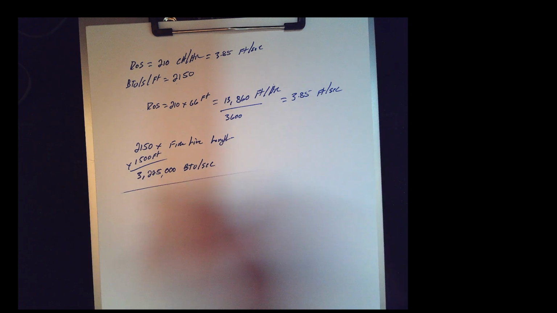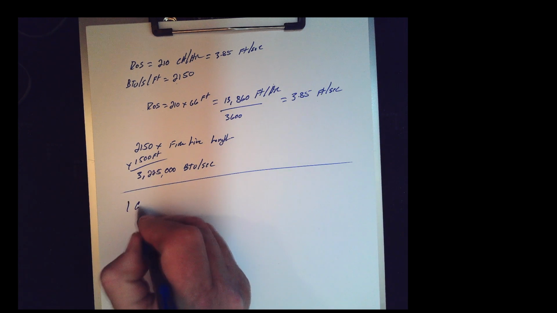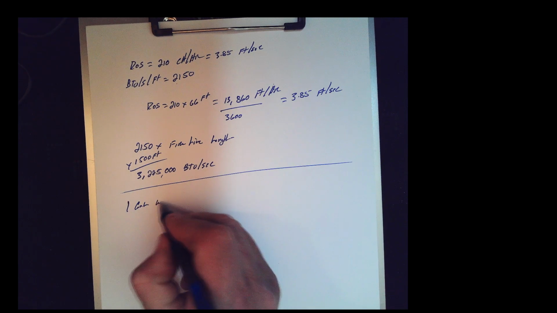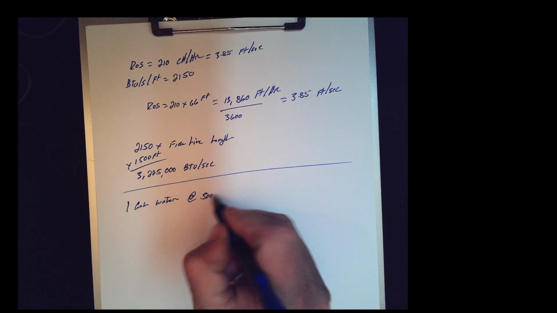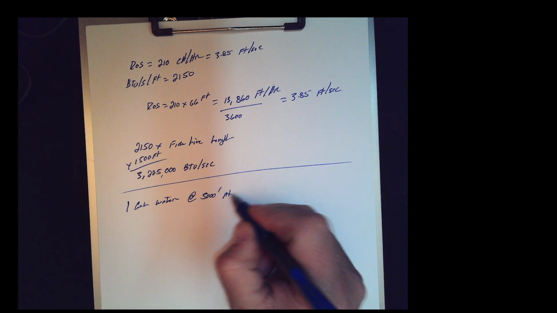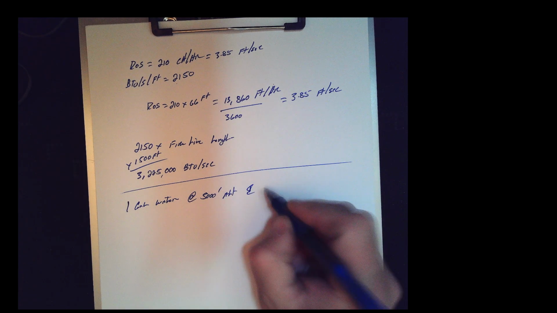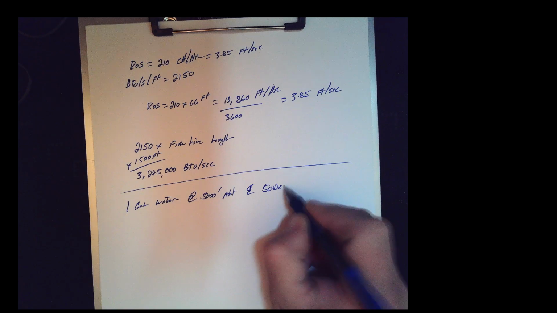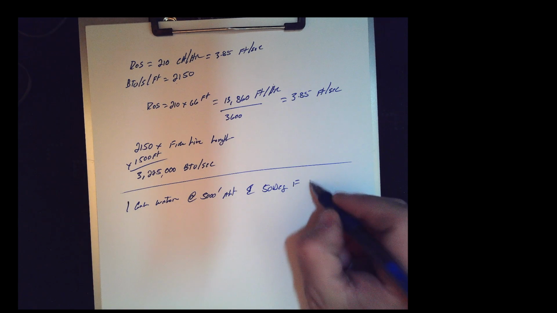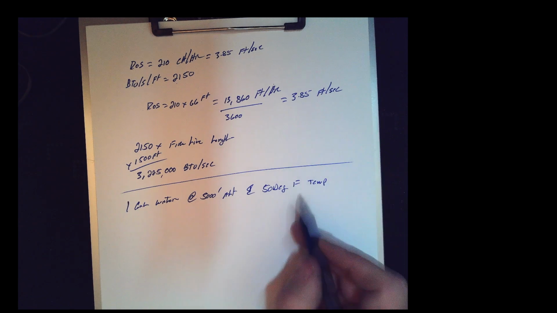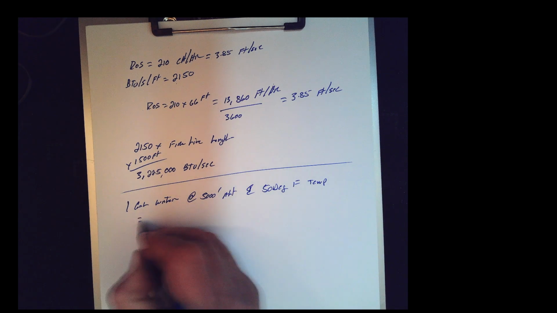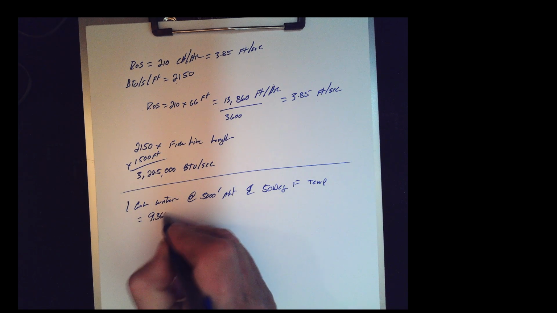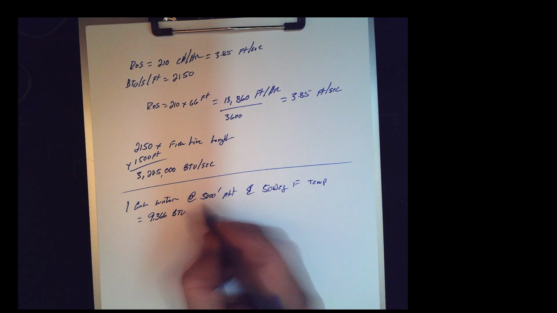One gallon of water at 5,000 feet of altitude and 50 degrees Fahrenheit water temperature will absorb 9,366 BTU per gallon.